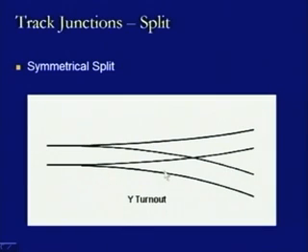This is a symmetrical split, which is also known as Y, because if you come this way, this is the main track, and then it is splitting in two directions symmetrically. That is why it is also termed as Y. So, this is the main line, and it is taking a turn in this direction as well as providing a turn in this direction. Therefore, the train or rolling stock has the flexibility of taking a turn either to the left or to the right.